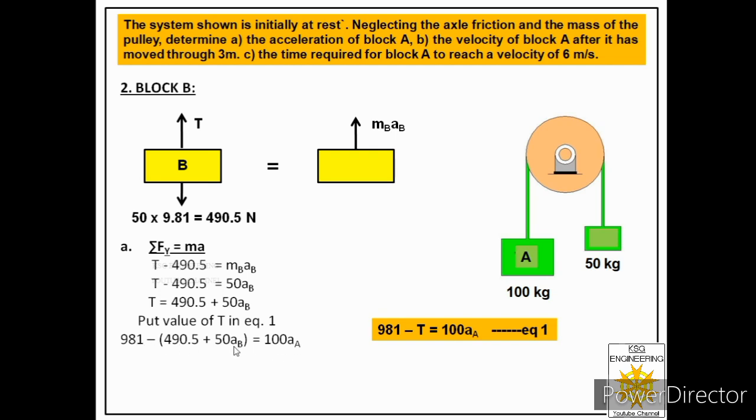It means we have to find a relation between the acceleration of block A and the acceleration of block B. And we know in this system, both the blocks are connected to a single cable.